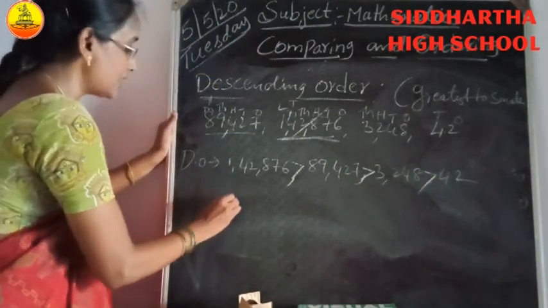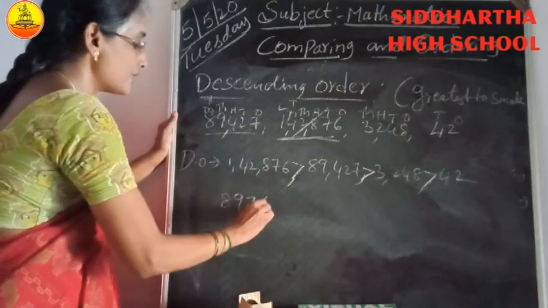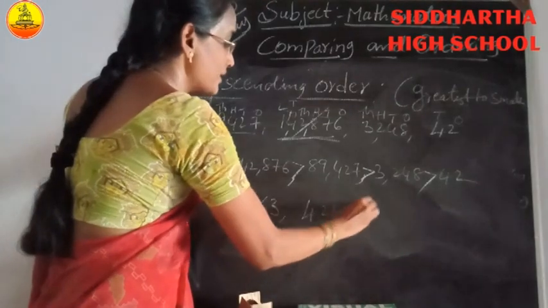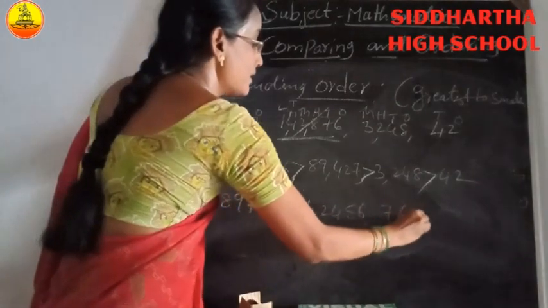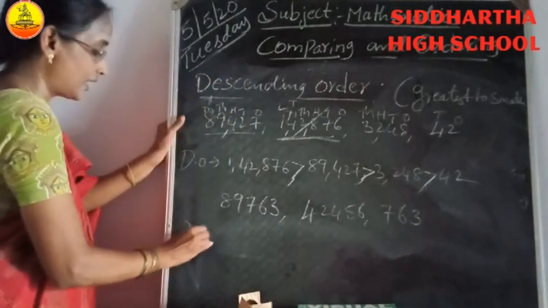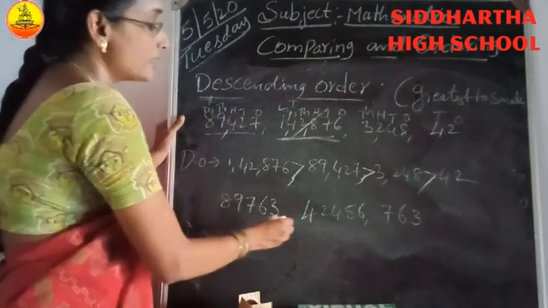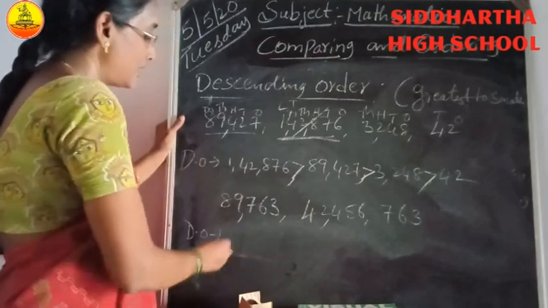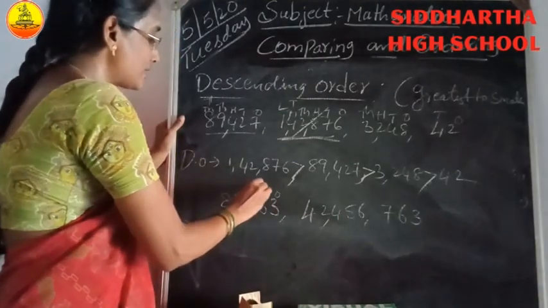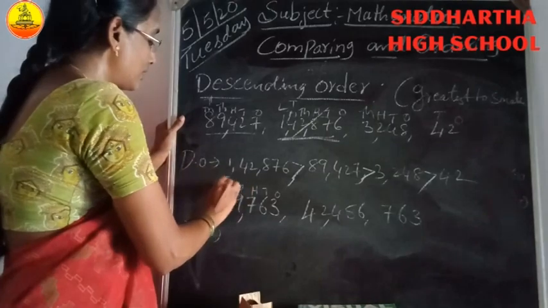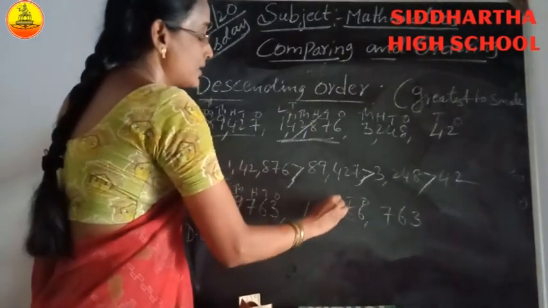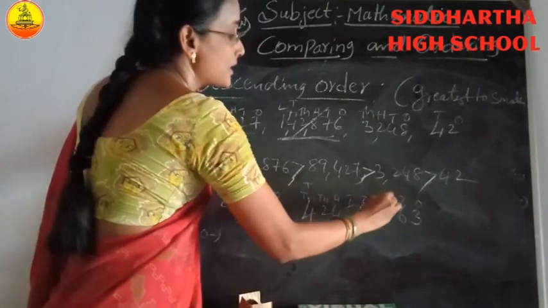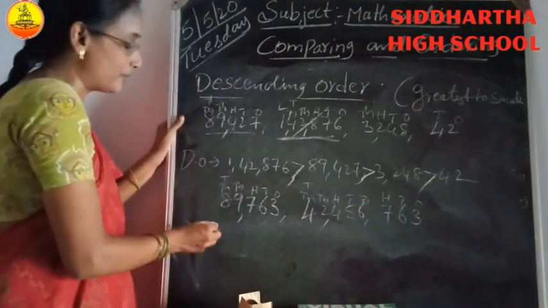Now, one more example. 89,763 and 42,456, and 763. Descending order means big to small. This is 5 digits, this also is 5 digits. Five digits means ones, tens, hundreds, thousands, 10,000s. Here we will compare for the bigger one.